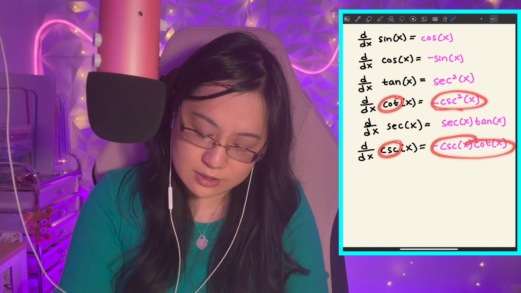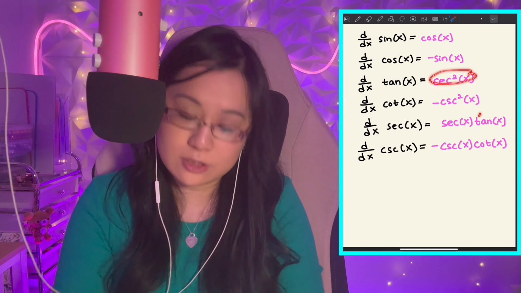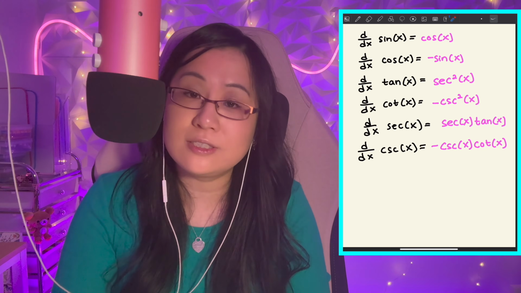One thing to notice, if you happen to be trying to memorize this, is that cosecant and cotangent are kind of paired up here, and secant and tangent are paired up here, right? The derivative of tangent is secant squared, the derivative of secant is secant tangent, so they're paired up.